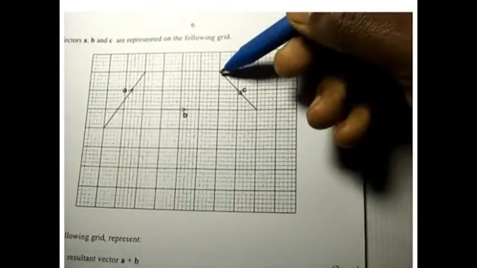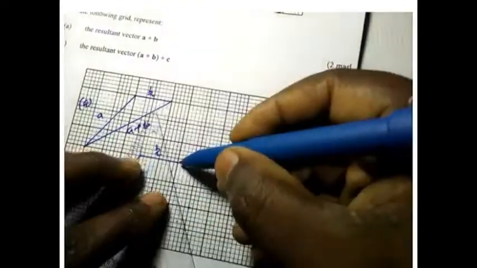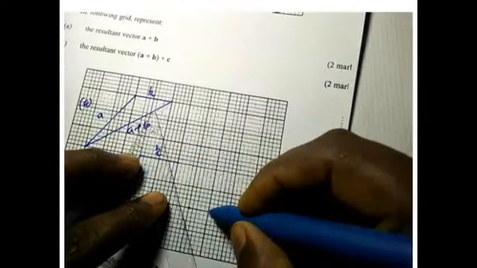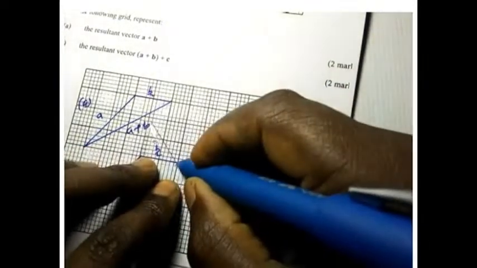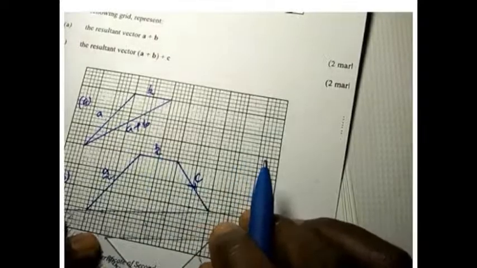And then C. So you can see here it is 2 units, 1, 2 this way. So we will draw that from here up to here, 2 units, but 4 of them. So this way up to here. So this is C, vector C, and then now A plus B plus C will be, you join this one.